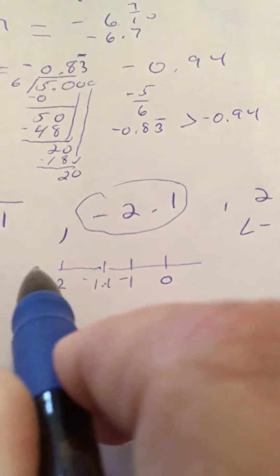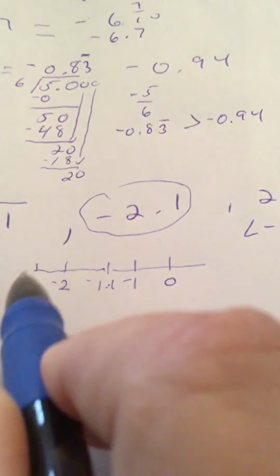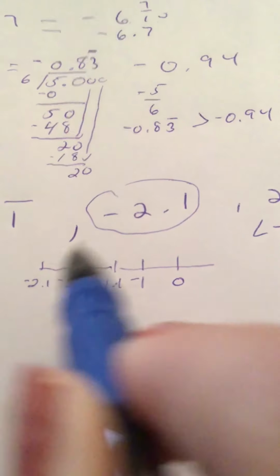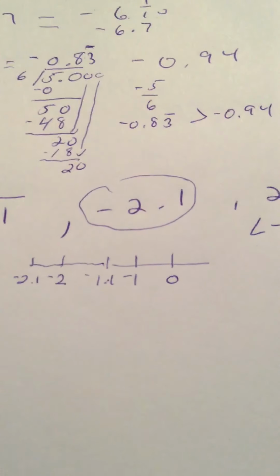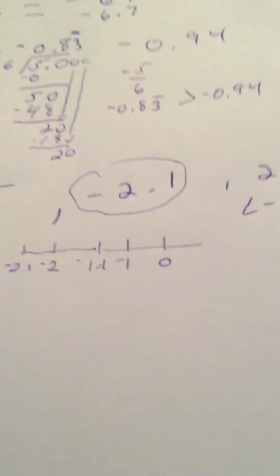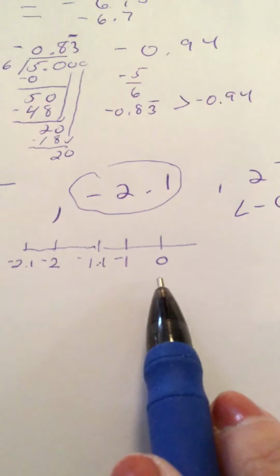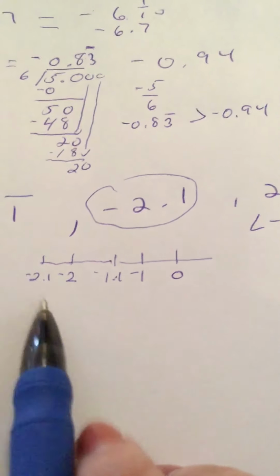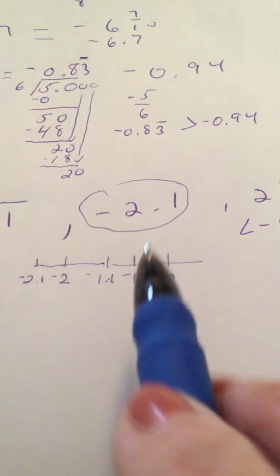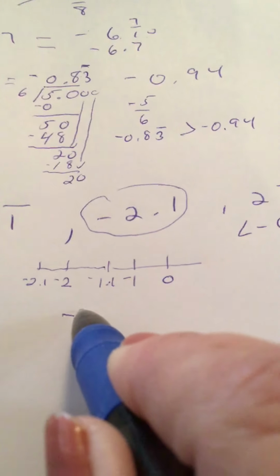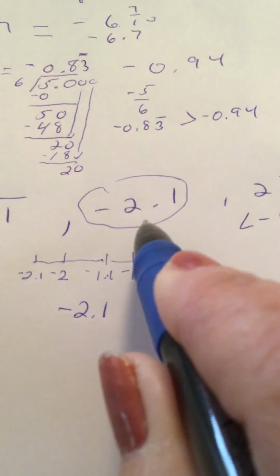Here's 2, here's negative 2.1. So the smallest number, because from 0, as the negative numbers go to the left, they get smaller, this negative 2.1 is going to be the first one listed, and then the negative 2.